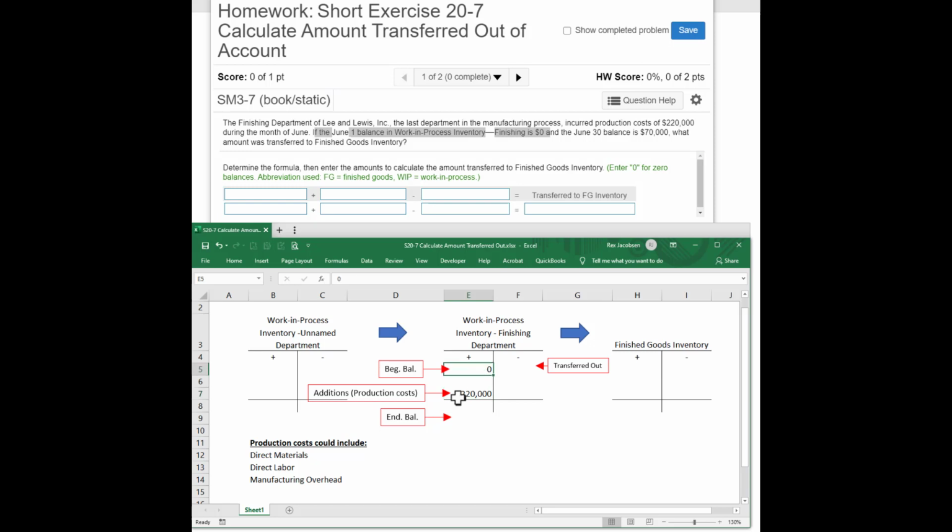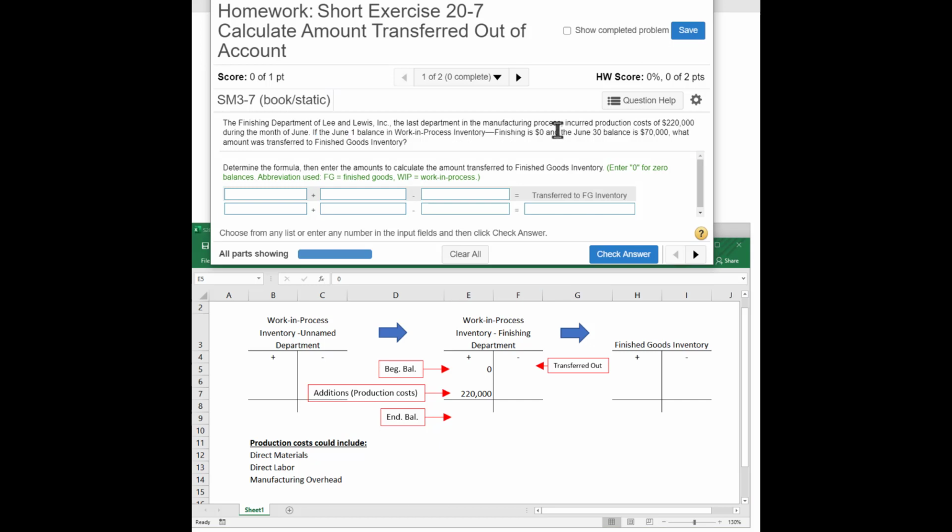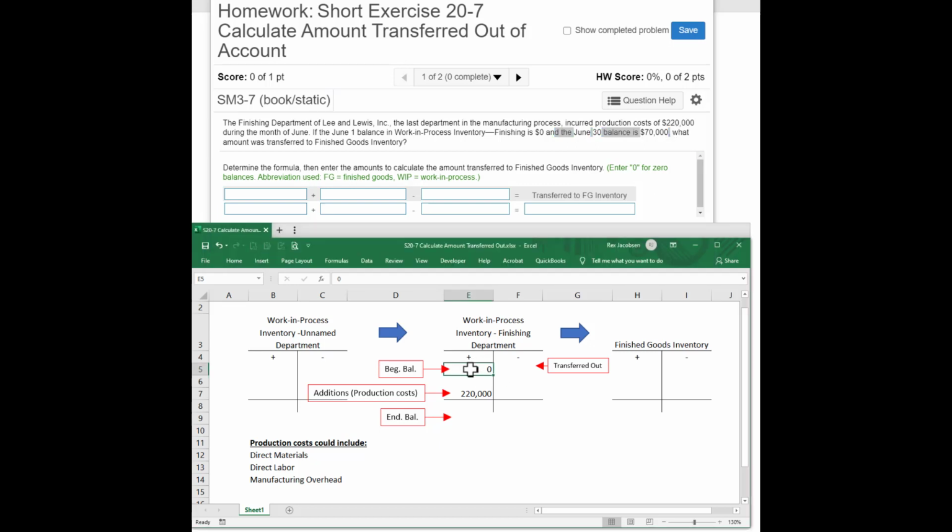The costs accounted for are going to be the transferred out plus the ending balance. Let's see what else it says. Then it says the June 30th balance is $70,000. The beginning balance was 0, so where would I put the ending balance? The ending balance goes down here.